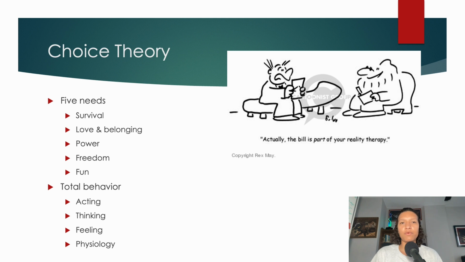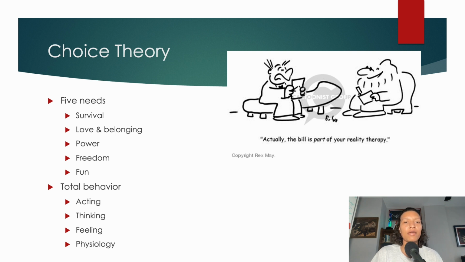This approach believes that we're born with 5 genetically encoded needs that drive our lives, and whenever we feel bad or down, one or more of those needs is essentially going unsatisfied or isn't being met. You can see the needs there on the slide, and they're all pretty straightforward in how you would explain them. The need for survival is like the need to be alive, the need for self-preservation.